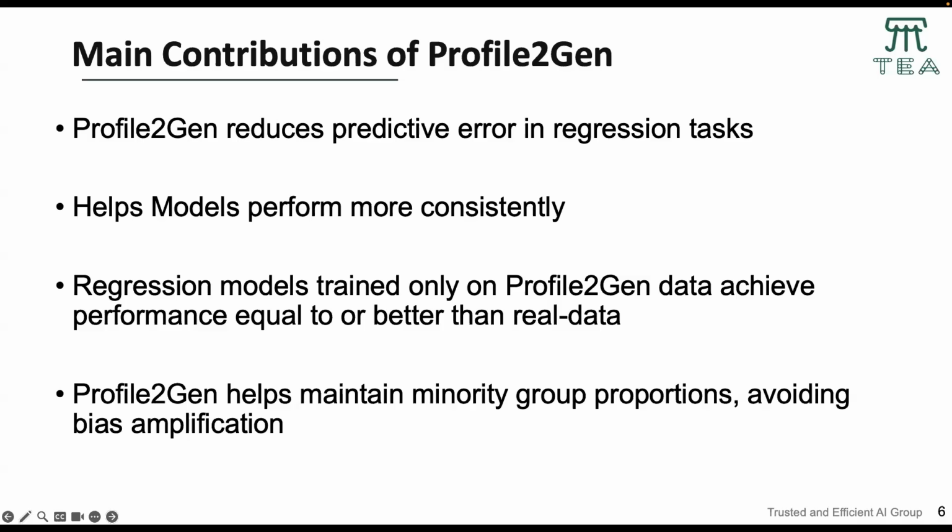The third is that the synthetic data generated through this profile-to-generation pipeline sometimes performs even better than the real world data. And lastly, because it is a synthetic data technique, it helps to maintain the minority group proportions, so it avoids the bias in the data from the real world.